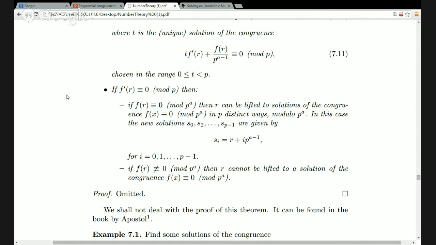So p different things. So these are labeled s_i from s_0 up to s_{p-1}. So they depend on this parameter i. And they're just simply gotten by adding on these multiples of p to the a minus 1 to the previously existing solution r. Okay.